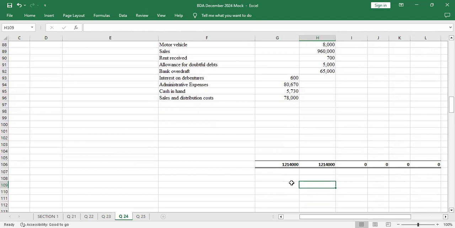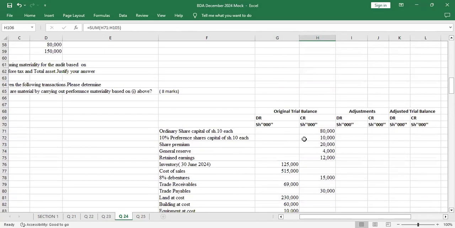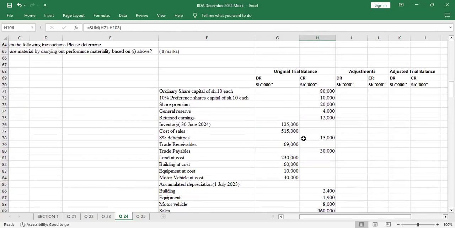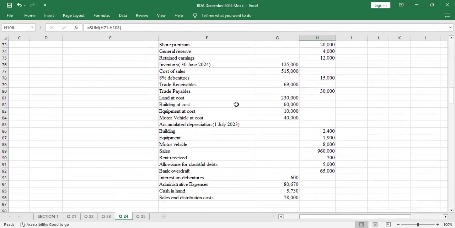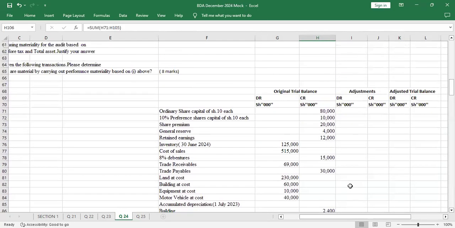In these questions, always try to get the balancing figures correct, because you are already given the balances. It's upon you just to know how to prepare a trial balance. They're testing your knowledge on whether you know how to prepare one.